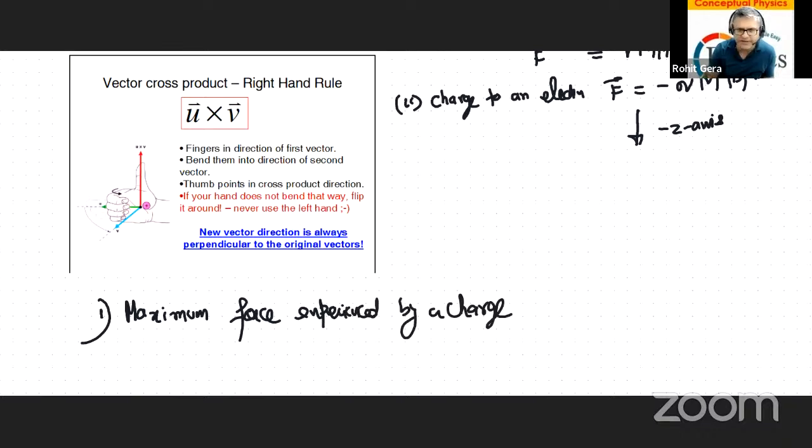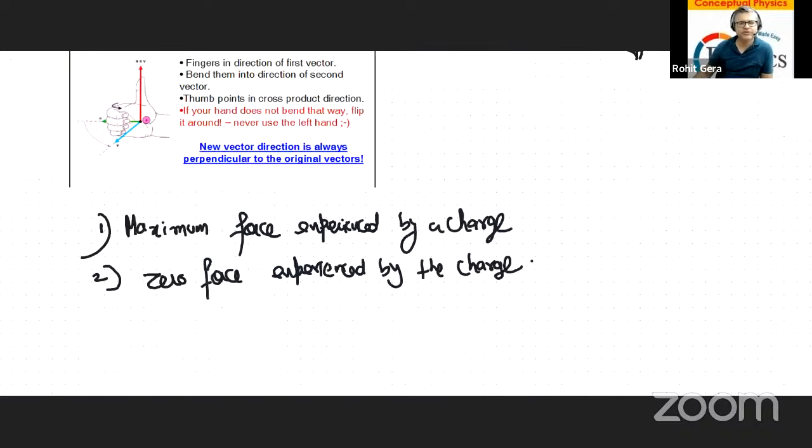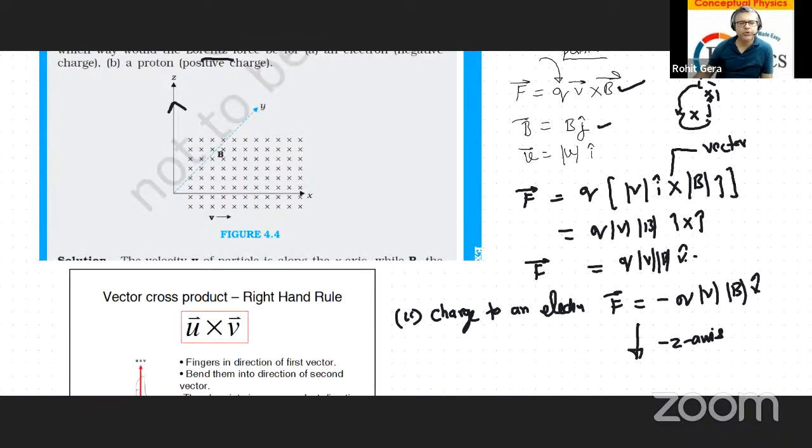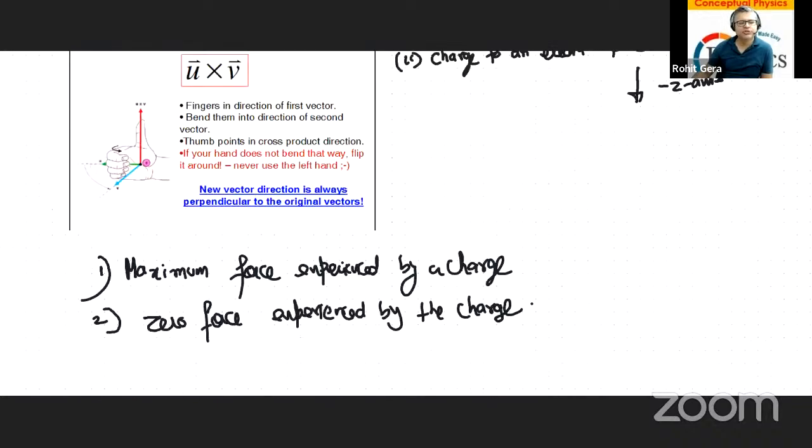And also tell me the conditions for zero force experienced by a charge. So assume the same question. What will you do different to create these situations of a maxima and a zero force?